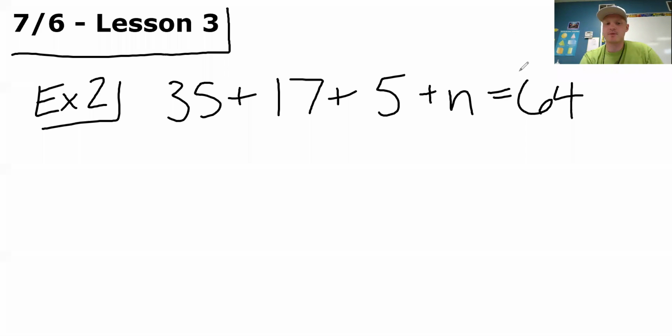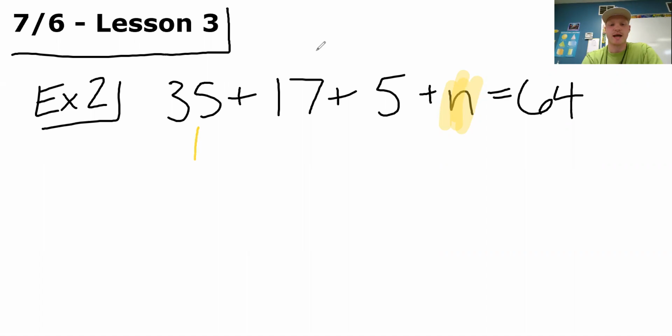Example number 2, we have 35 plus 17 plus 5 plus N equals 64. Our missing value is the variable right there, letter N. So how are we going to do this? Our first step is to make this problem look a little more like example 1.